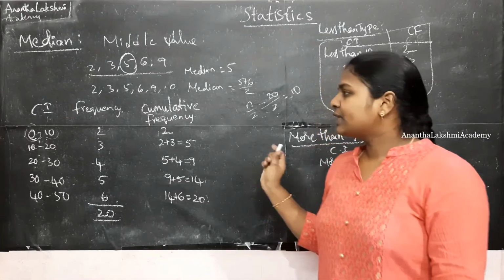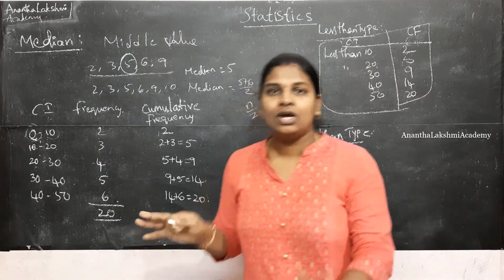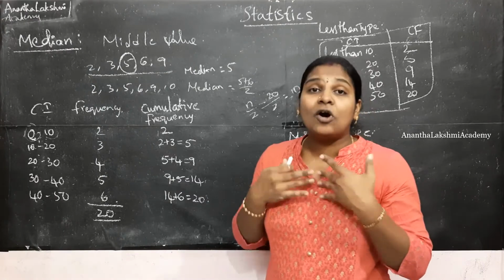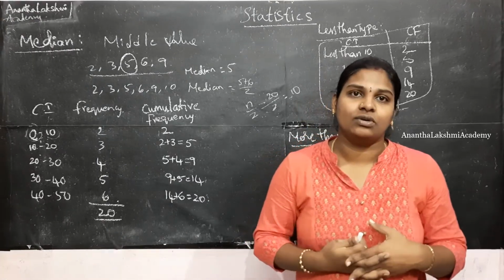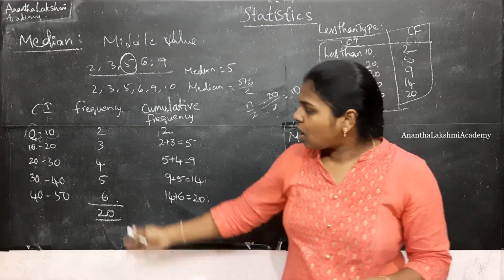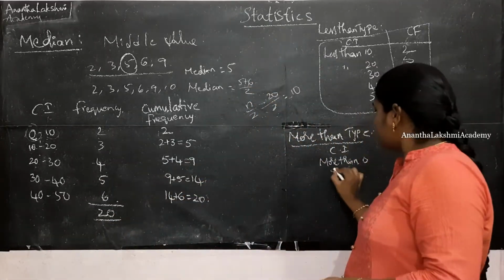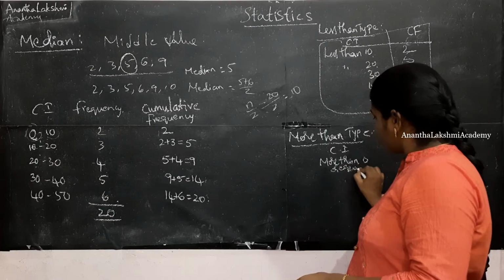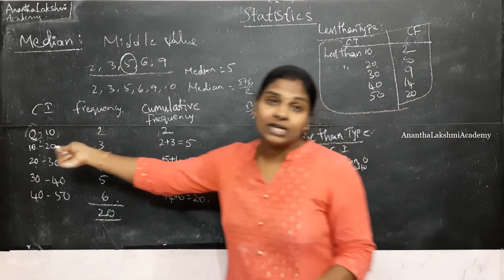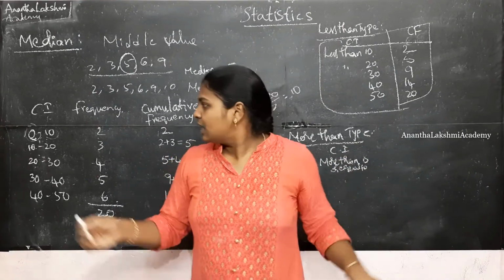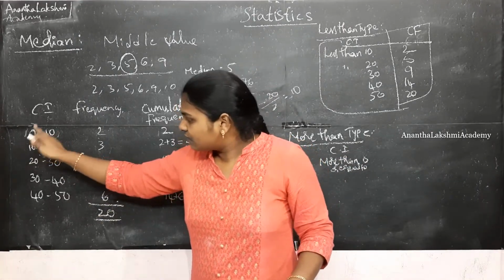Okay. Now, when I say more than 0, the students who got marks more than 0, all these students got more than or equal to 0. Let me put it as more than or equal to 0. Since the lower boundary is always included, I am going to write it as more than or equal to 0.